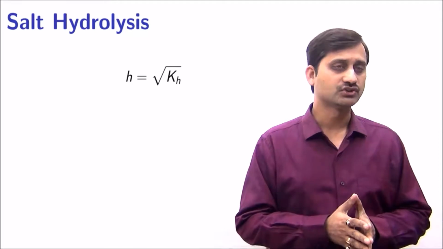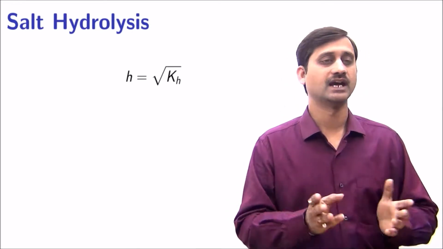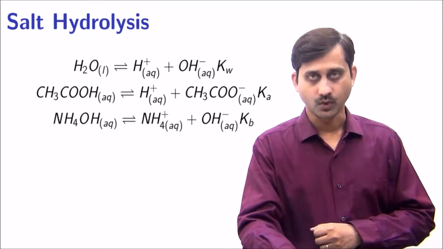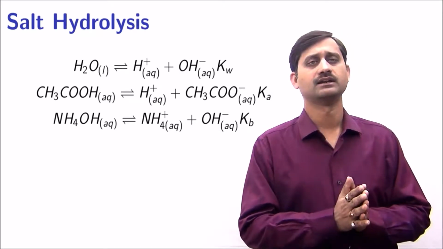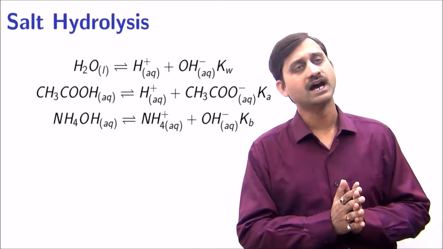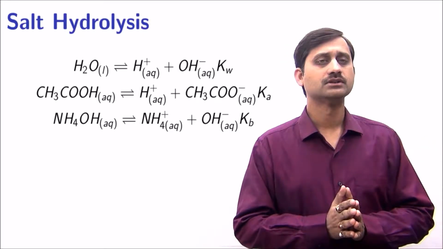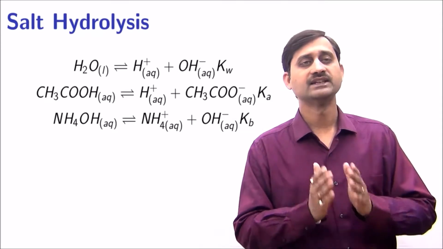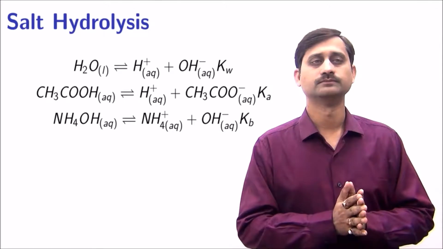The hydrolysis equation can be obtained by addition of 3 equations that we have done earlier, namely the dissociation of water, the dissociation of ammonium hydroxide, and dissociation of acetic acid. Writing the 3 equations, the first one is autoionization of water having the equilibrium constant as ionic product of water, Kw.